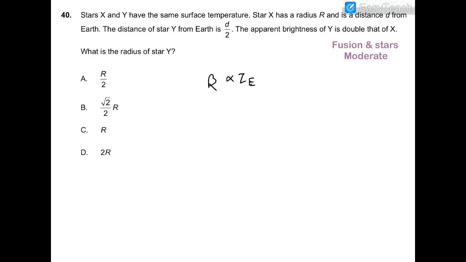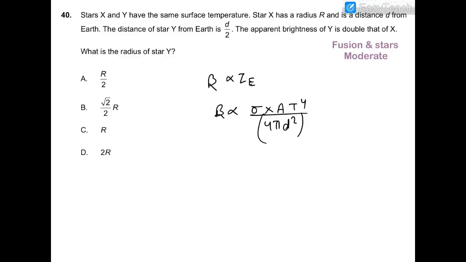And the intensity received on Earth will be equal to the power radiated, which is sigma E A T to the power 4, where E is 1 because stars are ideal black bodies, divided by 4 pi d square, where this d is the distance from Earth.